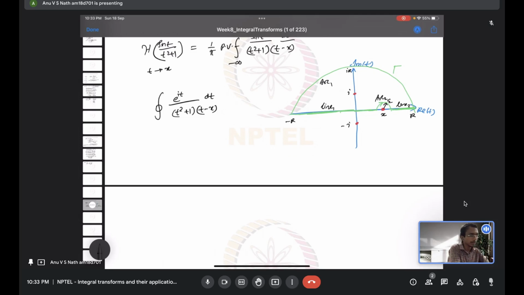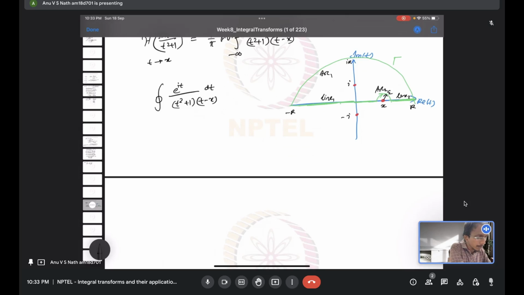Arc 2 you can choose to be down also, it does not matter, with epsilon tending to 0, but you have to modify the equations a little bit. Now if you write this expression over gamma, it is not 0, it's by Cauchy's theorem 2 pi i times the residue of the function at t equal to i alone, because i is the only singularity inside the contour. Even minus i is outside this contour, and x is also outside.